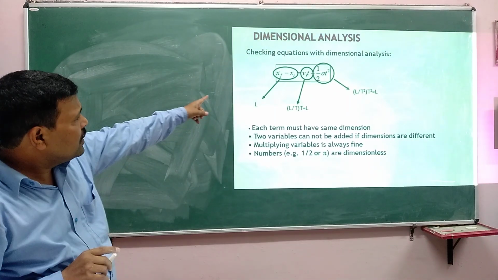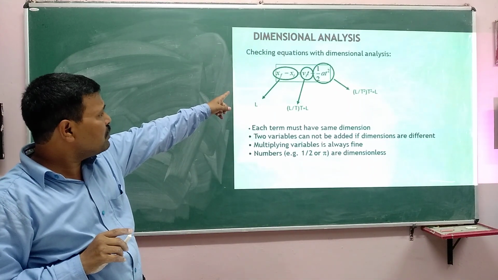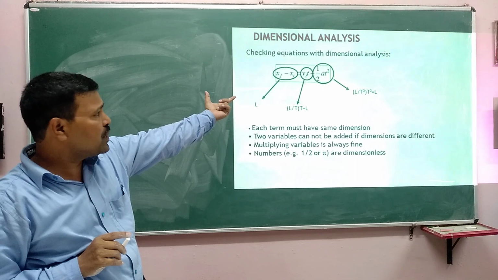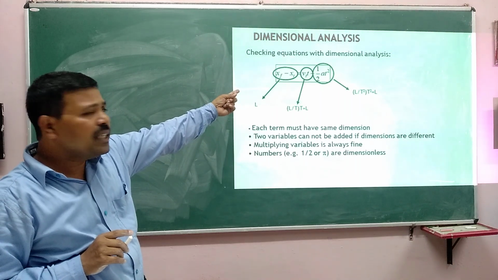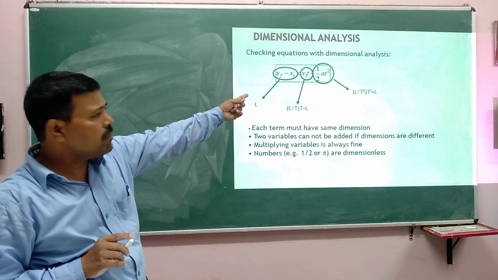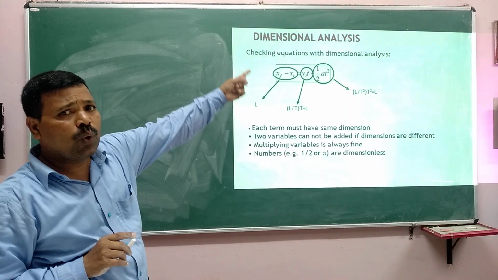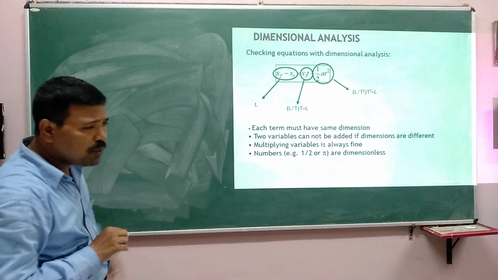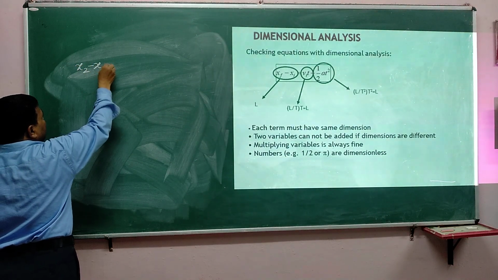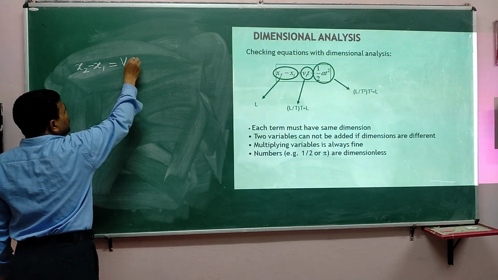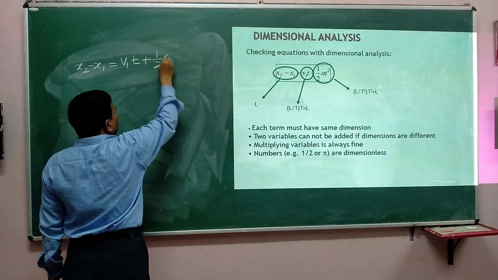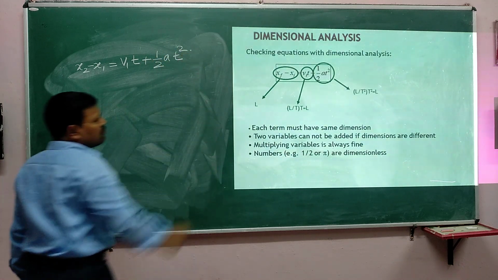Here it is given that the final position of the body minus the initial position of the body, what we call a change in position of the body, is equal to the initial velocity vi into time plus half times the acceleration a into t square.